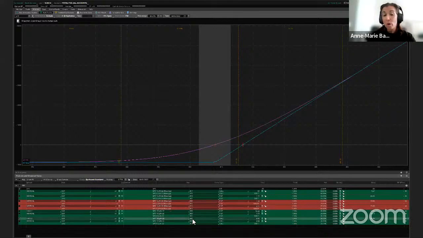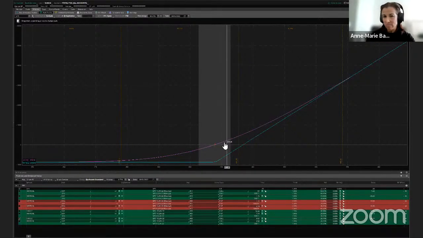So if you buy the 408, you really don't start making money until after price gets above $416 at expiration. That's not exactly true through expiration, and that's what this line says. So the pink line says, all right, this is now.